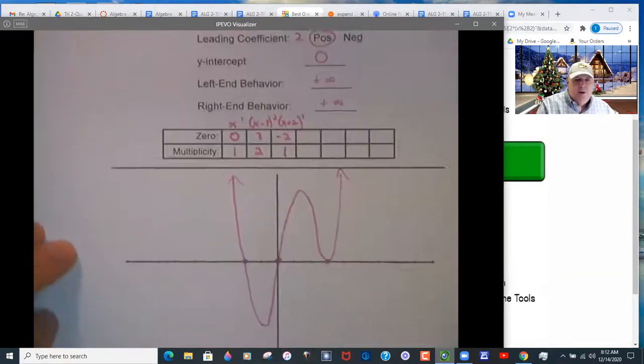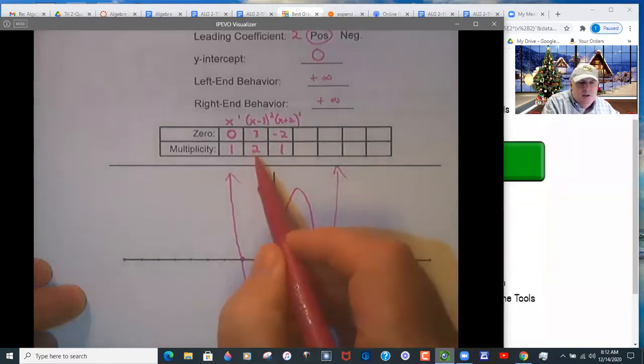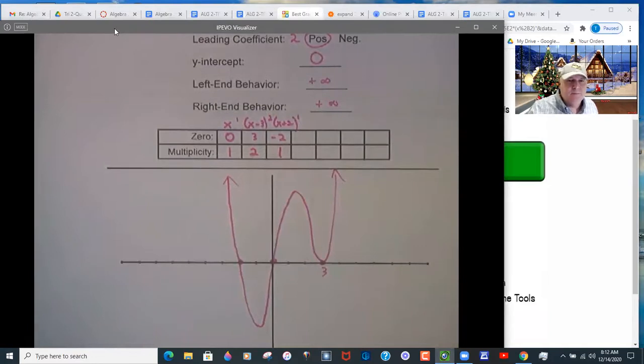What we're concerned with, okay, is at these points. So at 3, we have at 2. So it's going to bounce. It's going to bounce back, and then it's going to cut through at -2 and at 0 because those have multiplicities of 1. But just use that to get an idea.